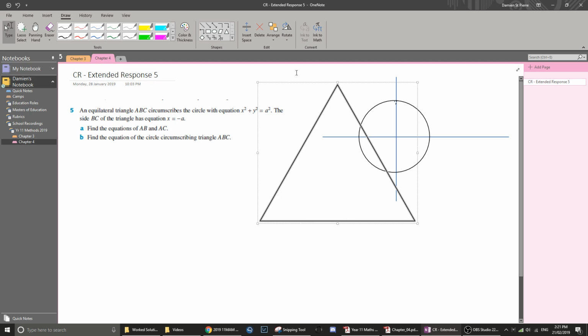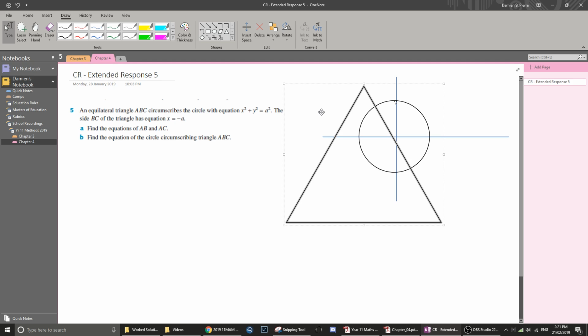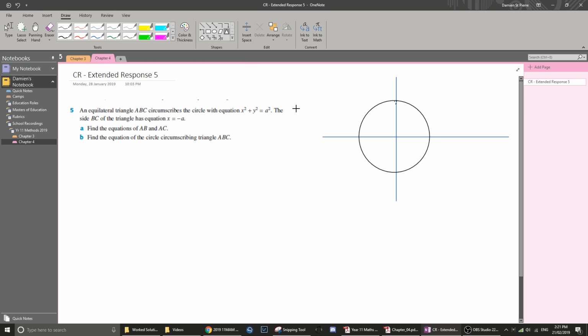Now, I don't know if this is going to let me rotate this. No, it's not. Okay, that's all right. But we have an equilateral triangle. The thing with this is it says it has a side, and I'm going to leave that there just for reference. All the sides are the same length.